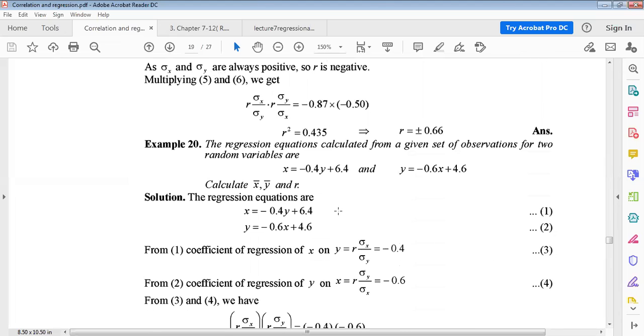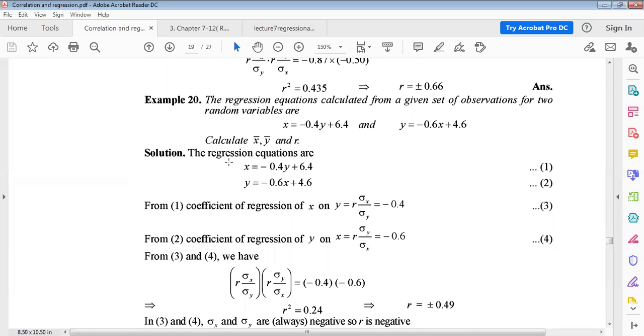Similar process, example 20. We can write the regression equation like the regression equations are 1 and 2, this is the given equation. So we can calculate x bar and y bar. X bar means mean, and y bar means mean for y data, and r is the correlation coefficient.